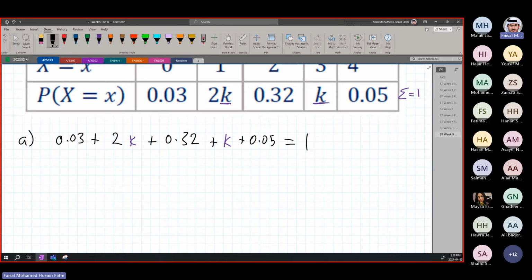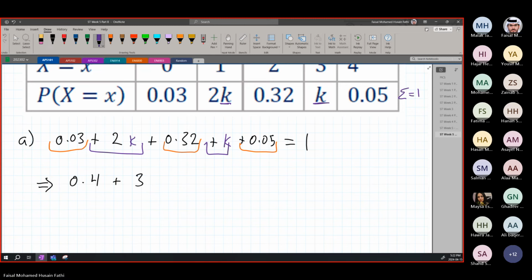You add together the terms without k, and you add together the terms with k. So 0.03 plus 0.32 plus 0.05 is equal to 0.4, plus 2k plus 1k is 3k, is equal to 1.